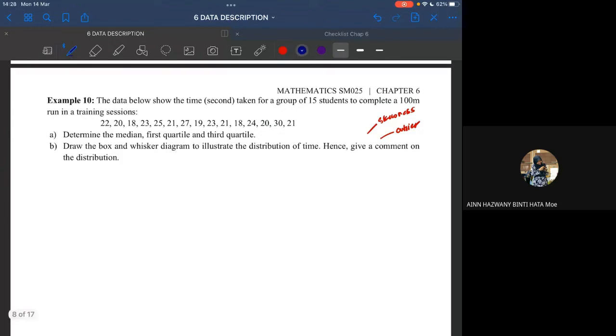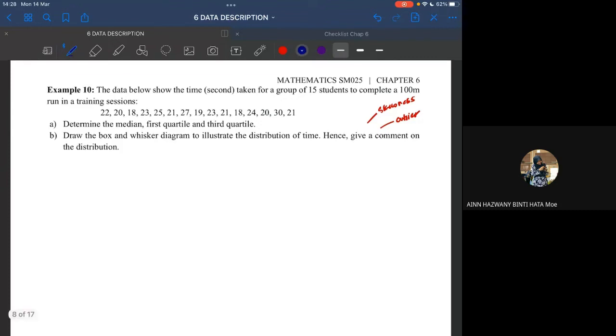So now, rearrange the data, kita ada 18, 19, 20, 20, 21, 21, 21, 22, 23, 23, 24, 25, 27, 30.